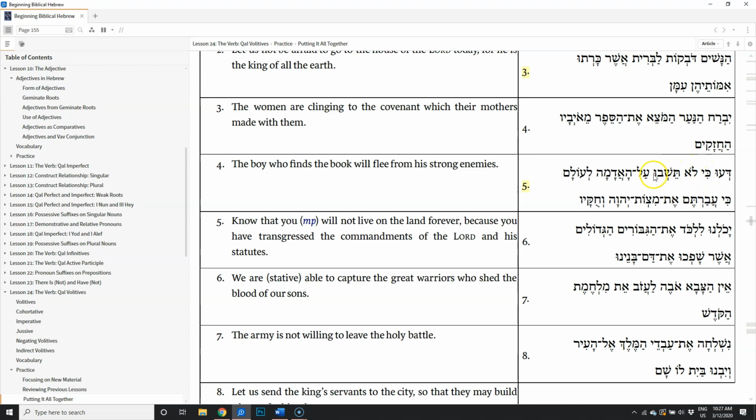So ki here is marking the content of that knowledge. Know, understand. Understand what? Understand that.